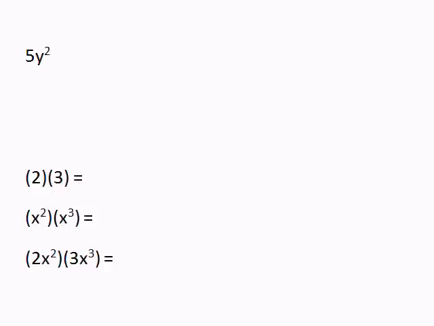Looking at our first example, what's 2 times 3? Yeah, it's 6. And x squared times x to the third. Well, 2 plus 3 is 5, so it's x to the 5th. Now comes the weird part. What about 2x squared times 3x to the third? First thing I'd encourage you to do is to think about your like bases. x squared and x to the third, so the x's are the same.